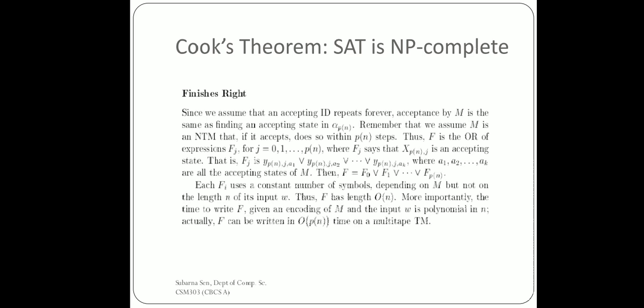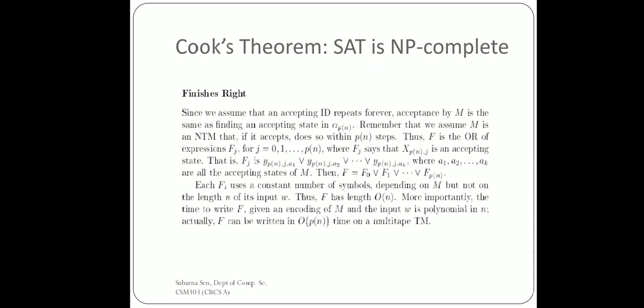Let us first focus on finishes right. Since we assume that an accepting ID repeats forever, acceptance of M is the same as finding an accepting state in alpha of pn. Remember that we assume M is an NTM, and if it accepts, it does so within pn steps, thus F is the OR of the expressions Fj.